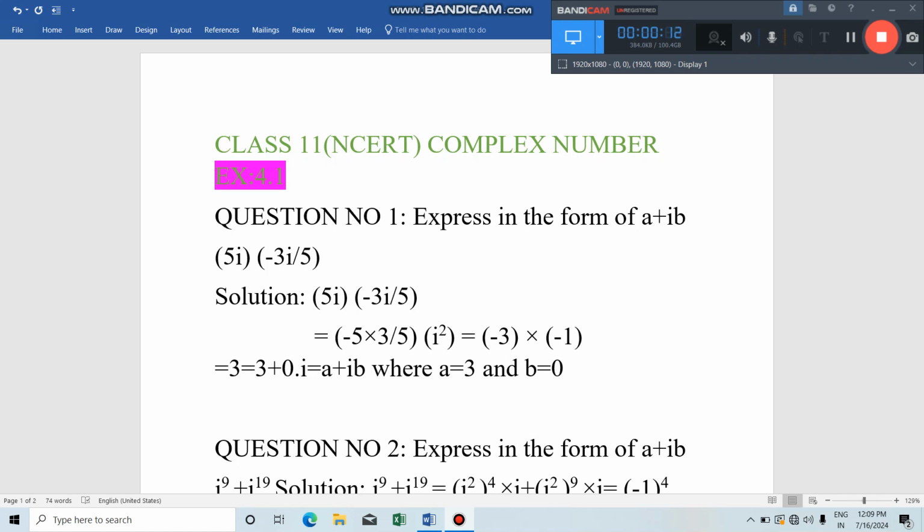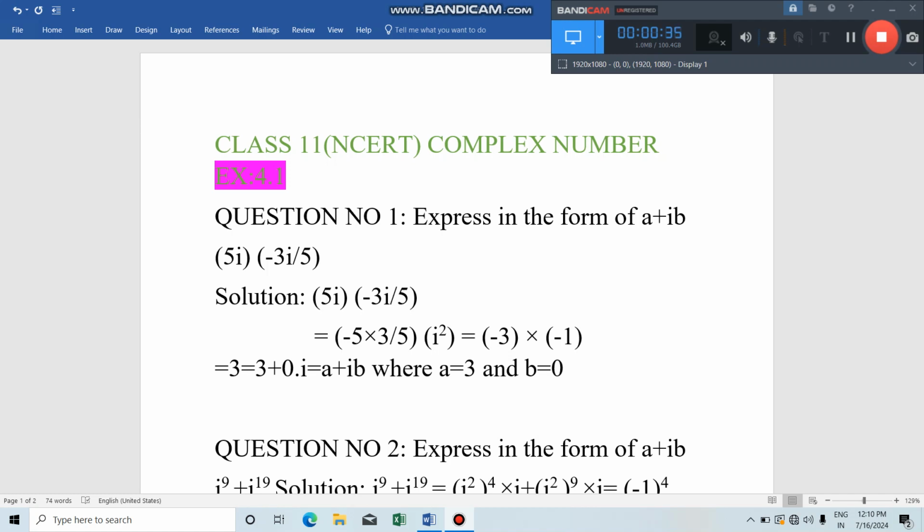Question number 1. Express the following in the form of a plus ib: 5i into minus 3i by 5. So here is the solution. 5i into minus 3i by 5 equals minus 5 into 3 by 5 into i into i, which is i square.